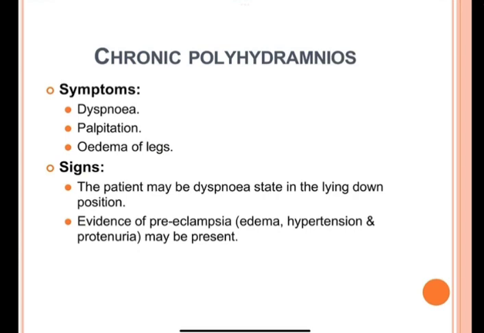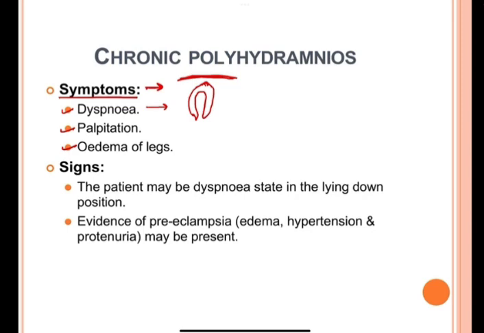What are the various symptoms that occur in chronic polyhydramnios? Dyspnea, palpitation, edema of leg. So why will dyspnea happen? See, when there is polyhydramnios, the maternal uterus will be more distended. You understand? And this distended uterus will push the diaphragm upwards.